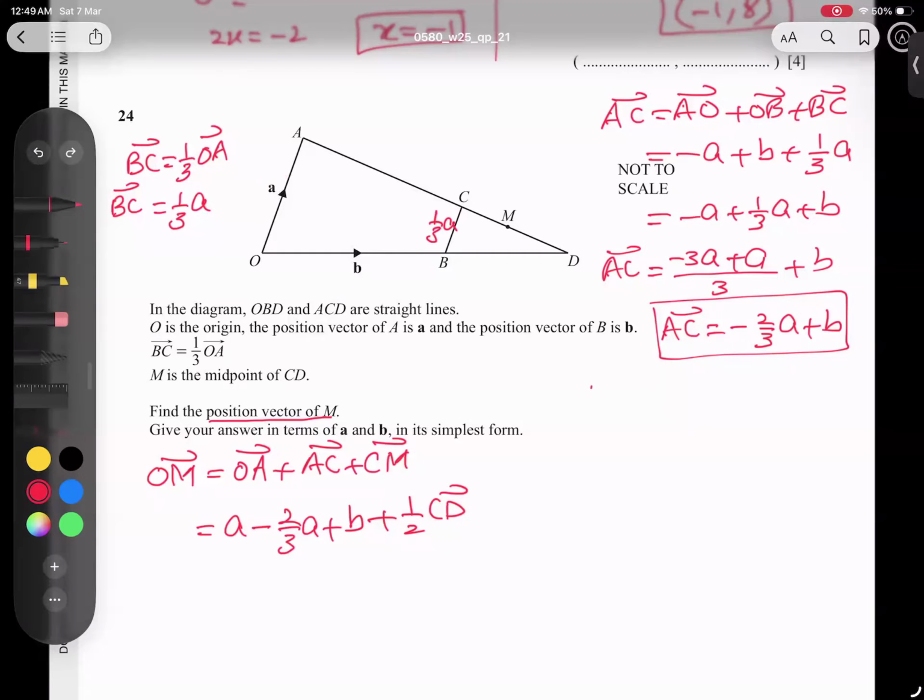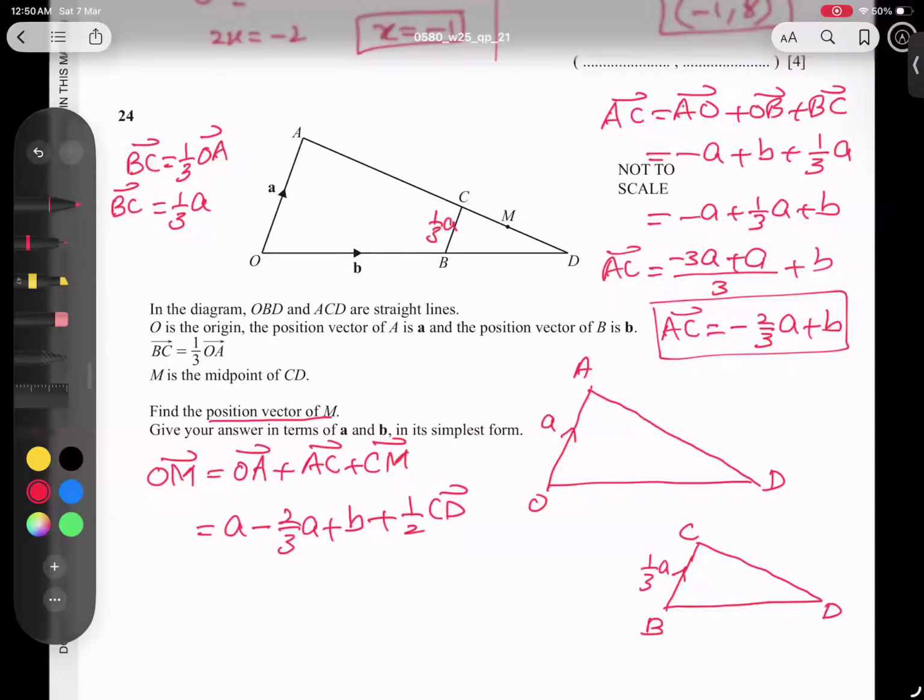I can say here I have two similar triangles. The big triangle is D, A, O, and this is A. The small triangle is D, C, B, and this is 1/3 of A.